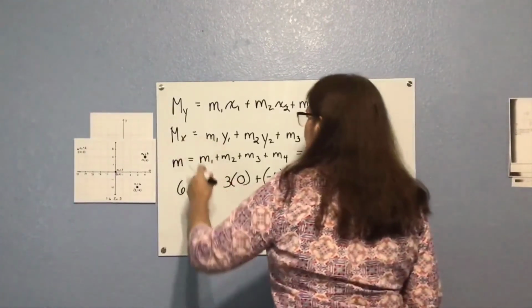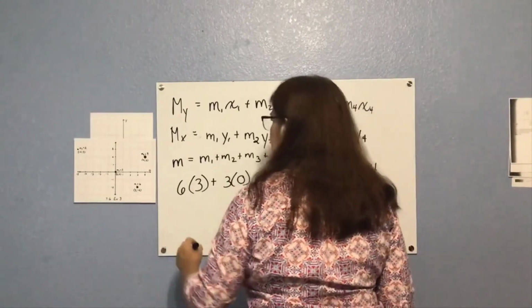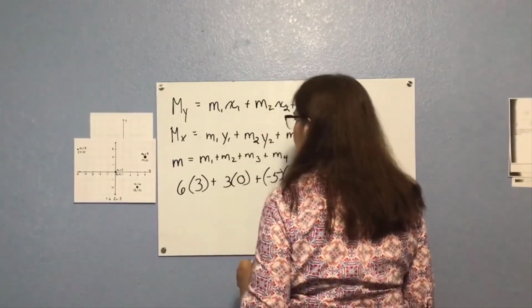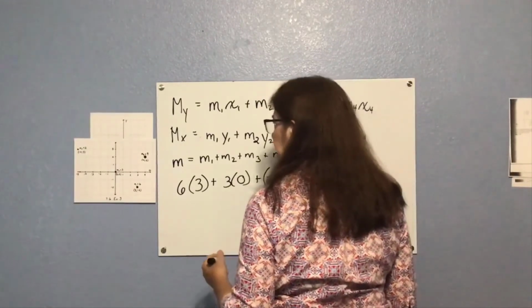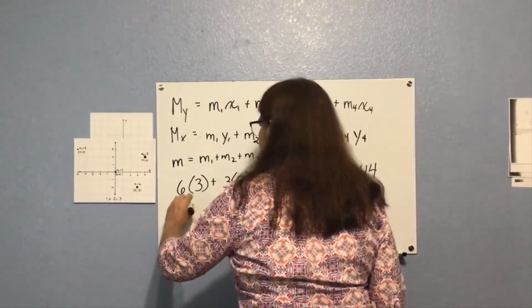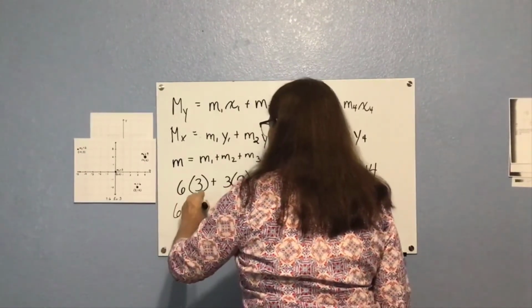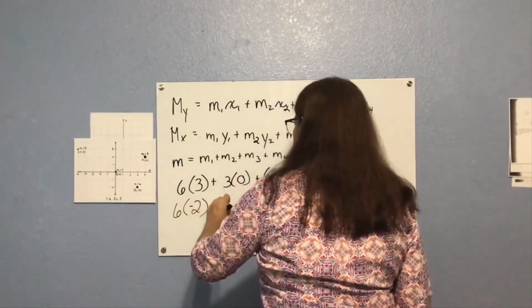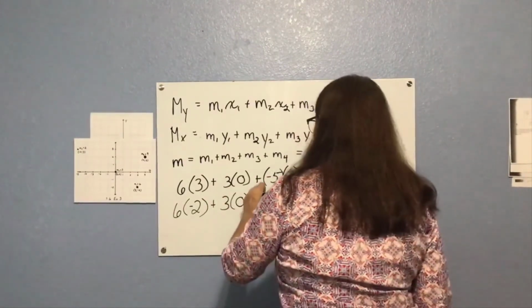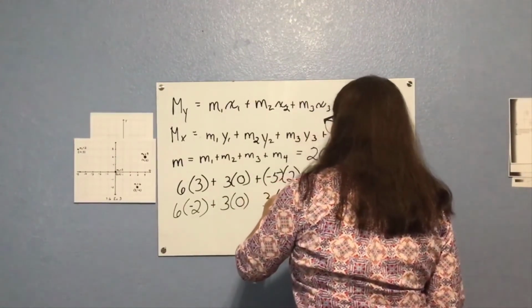Now to find the moment about the x-axis, we're going to use those same masses, but use the y-coordinates. We start again with 6, but this time it's negative 2. 3 times 0 again. And then 3 times 2.